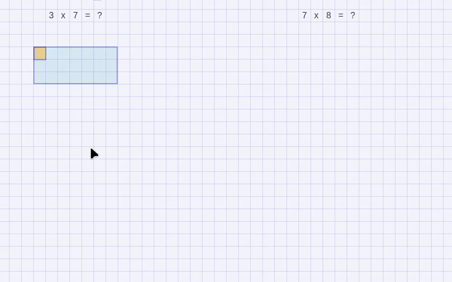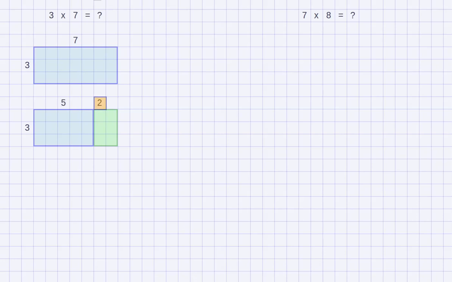So 3 times 7 is basically 3 rows of 1, 2, 3, 4, 5, 6, 7 each. 3 by 7. And we could draw that another way. We could split it up: 3 by 7 is the same as 7 being 5 plus 2 more. If we don't want to count them individually, we can break it down into smaller boxes and count those. 3 by 5 seems quite handy, and then there's the extra 2 on the end.